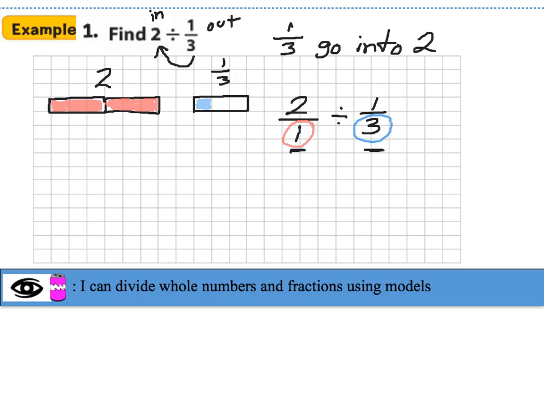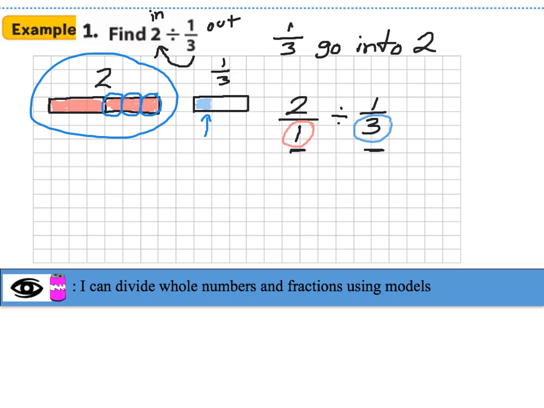Okay? So now I'm going to ask myself, how many of these 1 squares can fit into my dividend? So let's go ahead and count. I can fit 1 square here. I could fit another one. And here's 3.